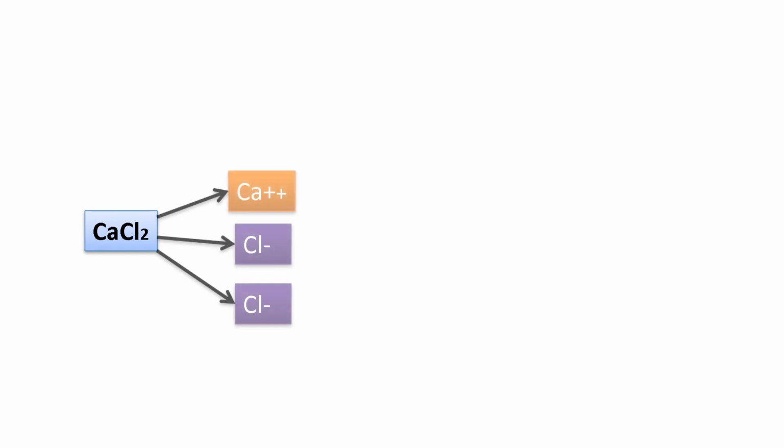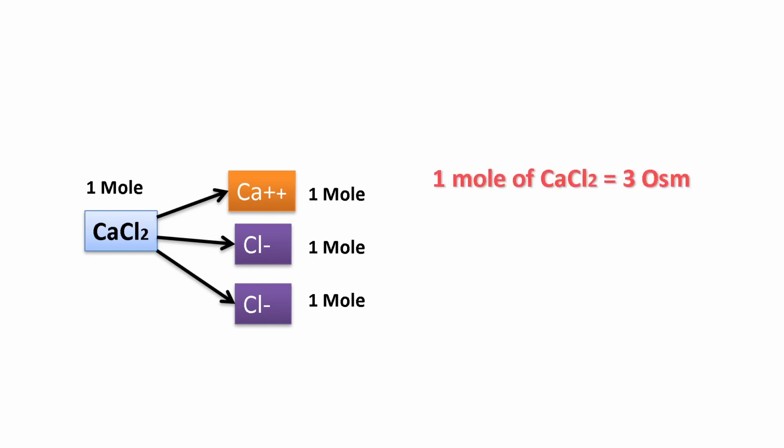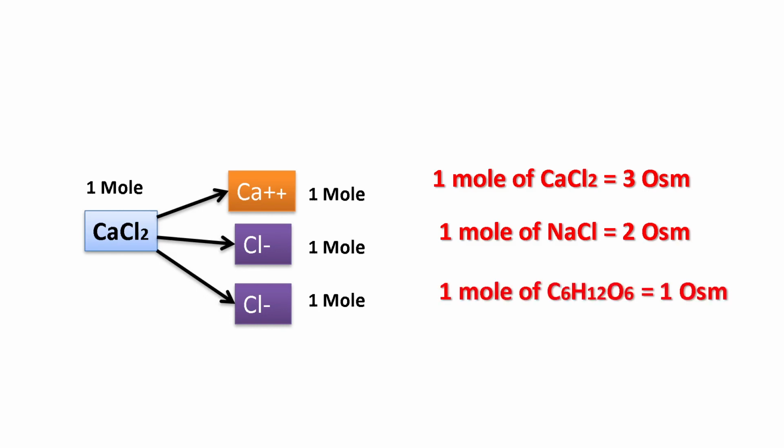In this example, we have 1 mole of calcium chloride that will dissociate into 1 osmole of calcium and 2 osmoles of chloride in 1 liter of a solution. Therefore, 1 mole of calcium chloride will form 3 osmoles of the solution.